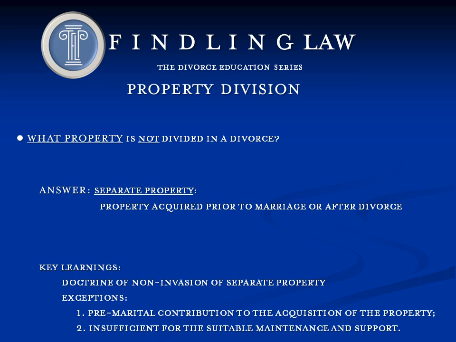So the second exception to the doctrine of non-invasion of separate property is if the only thing left is separate property. There is no marital property. Under that circumstance, you can invade separate property, okay?